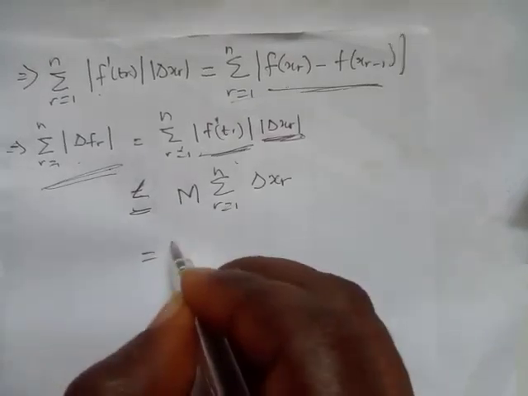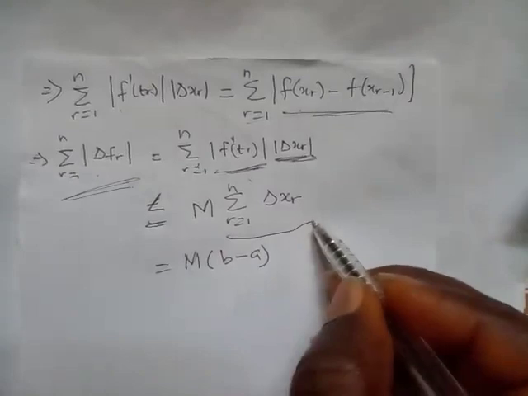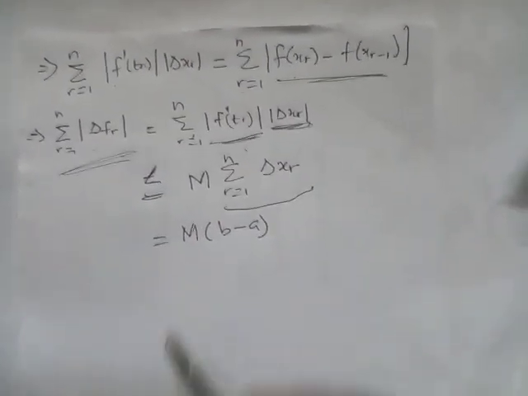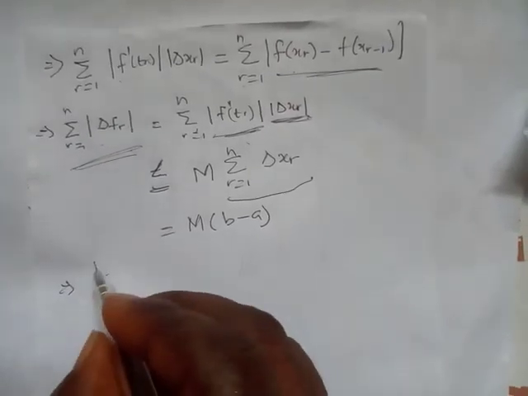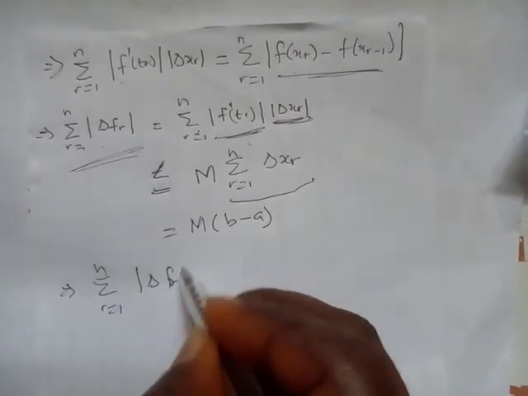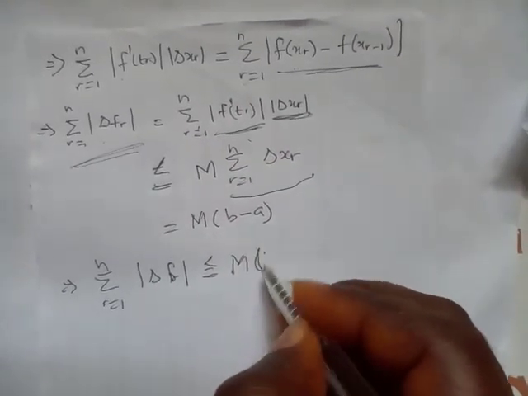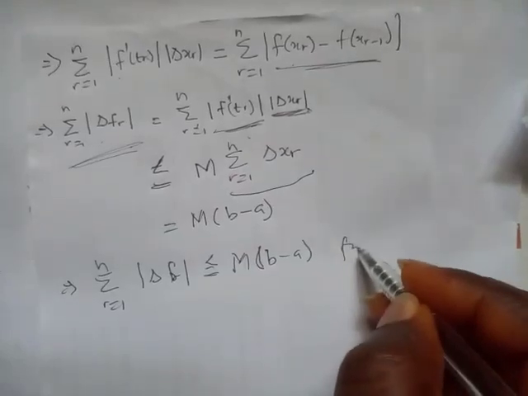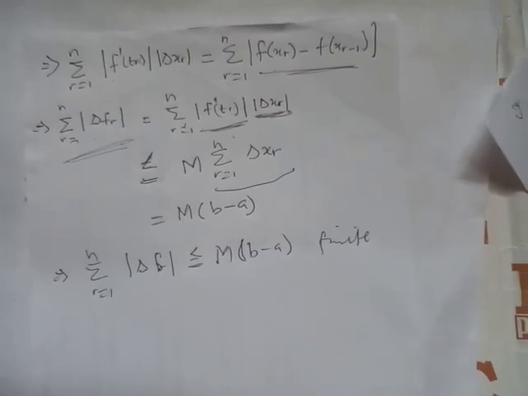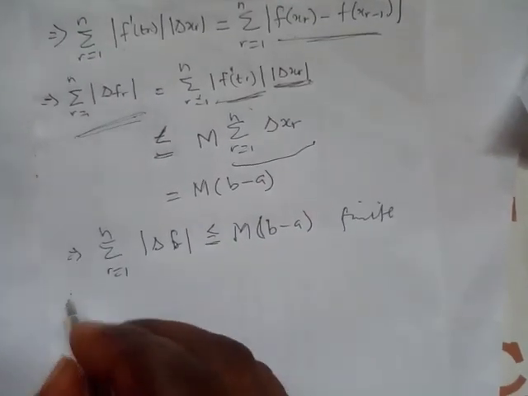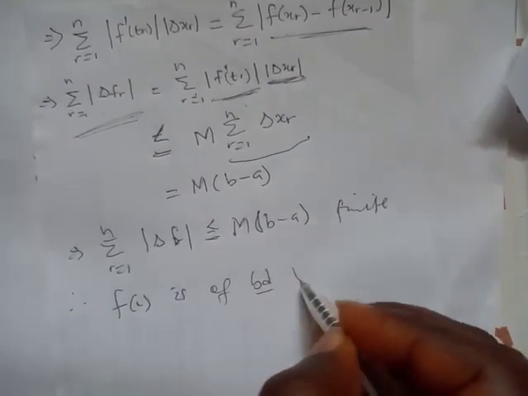So this will just be m times, and we have known that the whole of this is b minus a. So what we have shown is that this expression, the sum of delta f, is less than or equal to m times b minus a. So this is finite, and it also goes by the definition of bounded variation. So we can now conclude that therefore f of s is of bounded variation.